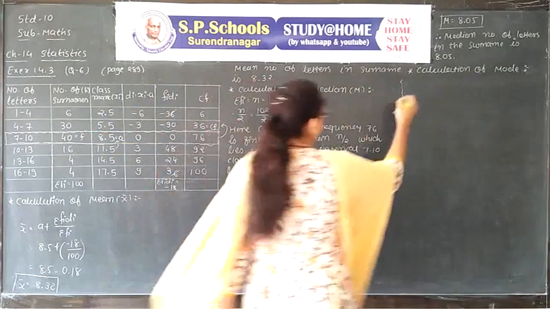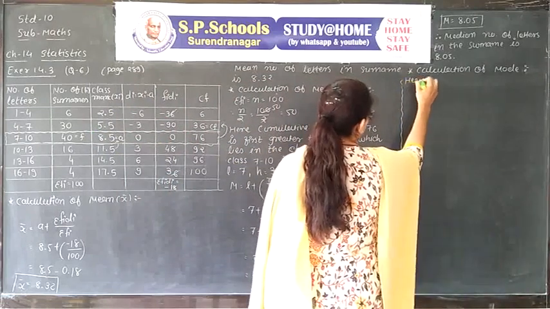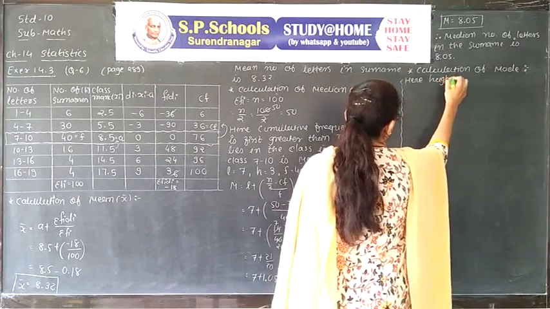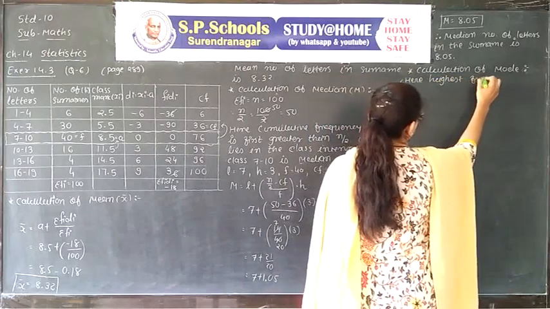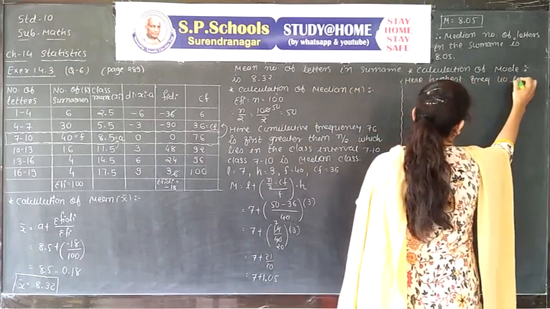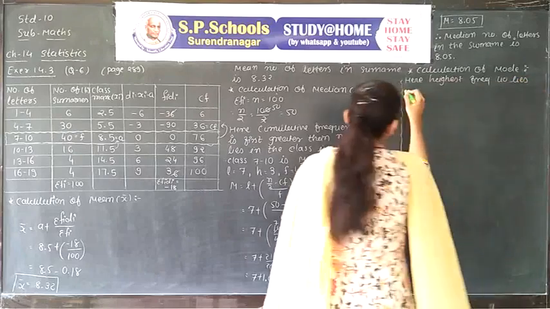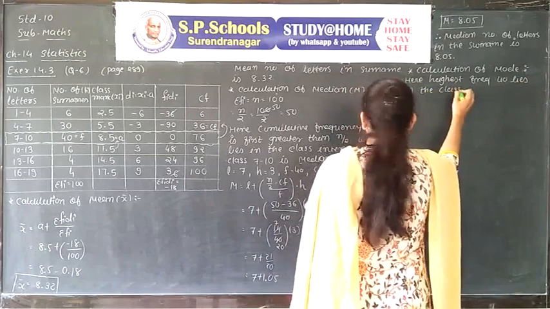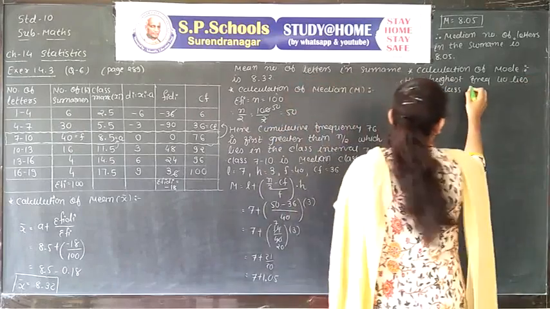To find the mode, first of all we decide a modal class by finding the highest frequency, which is 40. Here the highest frequency 40 lies in the class 7 to 10.